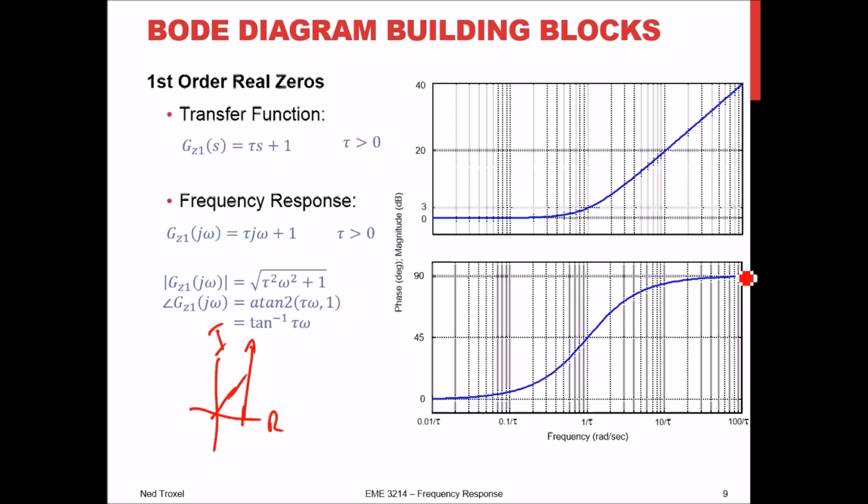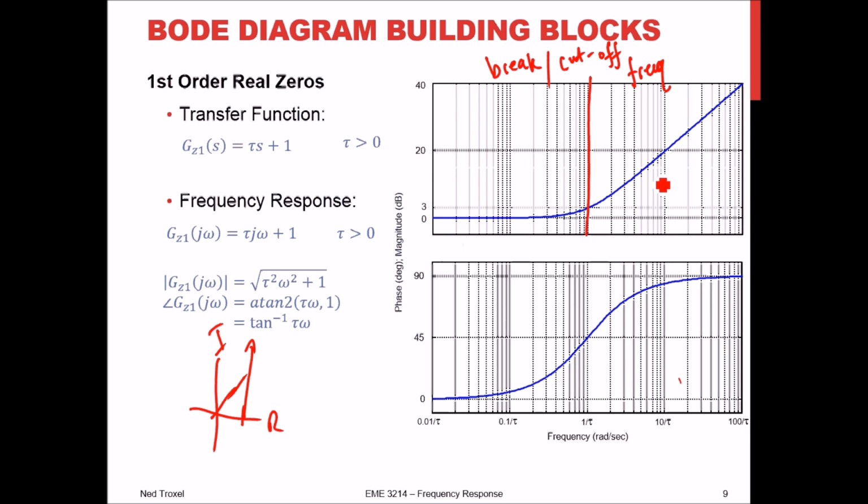So a few things basically fall out of this. When omega equals 1 over tau, we're at this point on the graph. This is again what we sometimes call the cutoff frequency, or the break frequency, and you'll see that it occurs at 3 decibels.